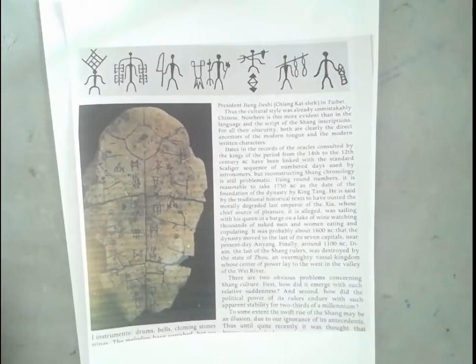And then one third they can identify as really Han, already having that writing. So that is in the Shang dynasty. And then the next dynasty lasts for another 700 years.